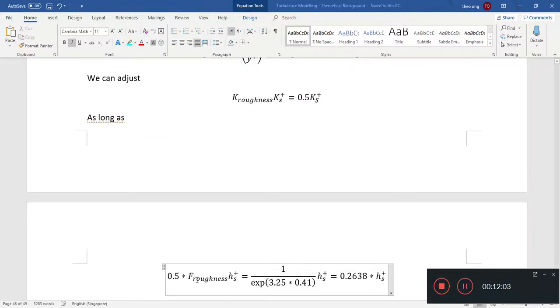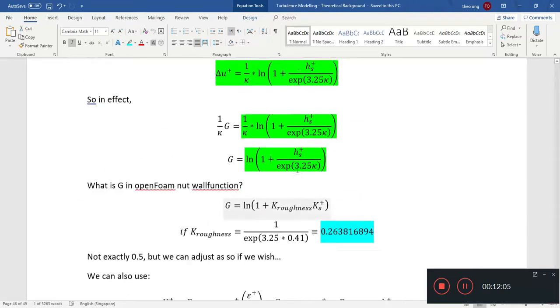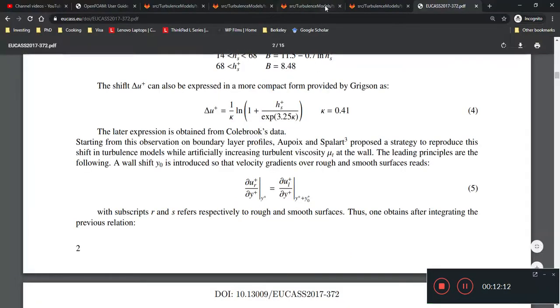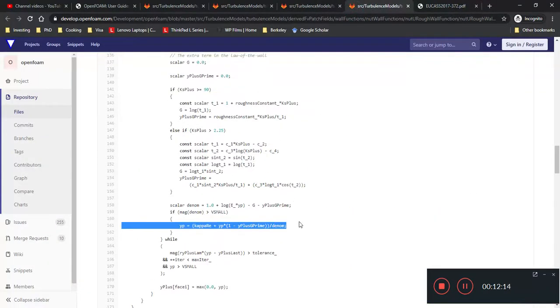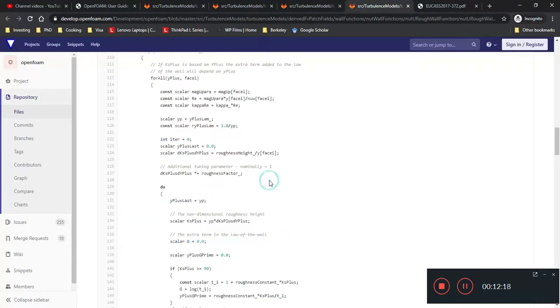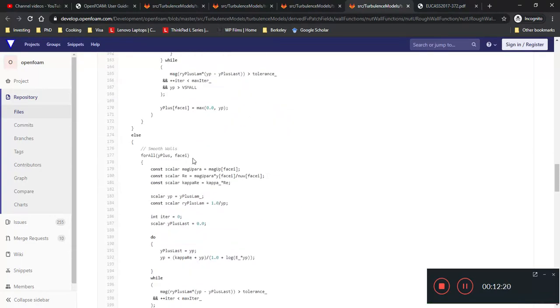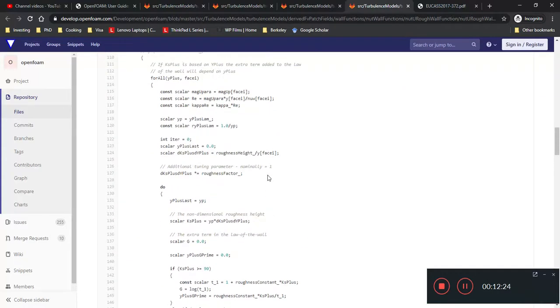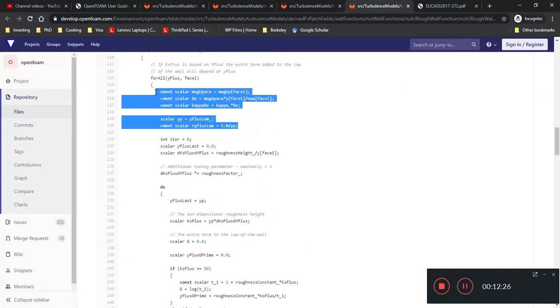And of course that makes your F roughness a little bit different. Where will it affect? It will only affect this KS plus model. Otherwise, if it's the smooth model, it won't really matter. You'll only affect the roughness part. The smooth part it won't affect.